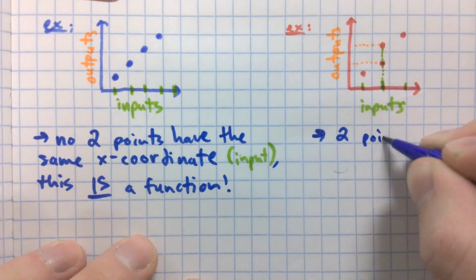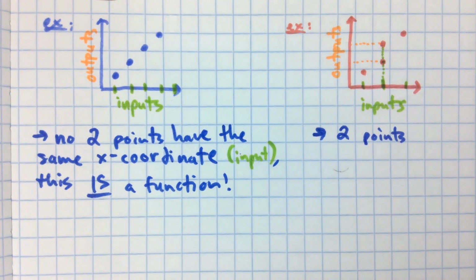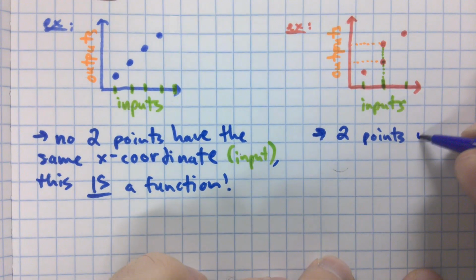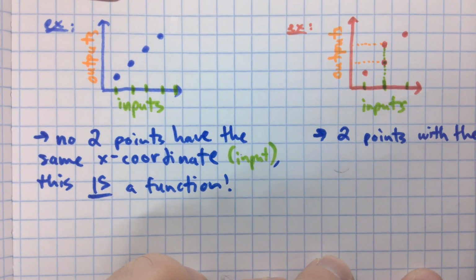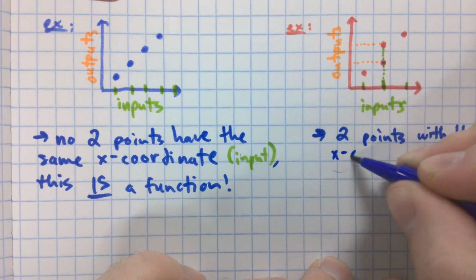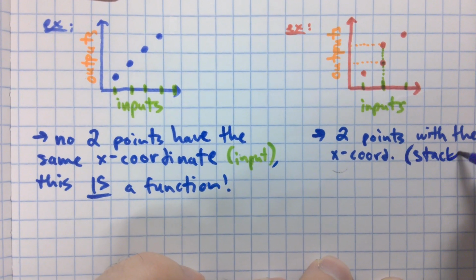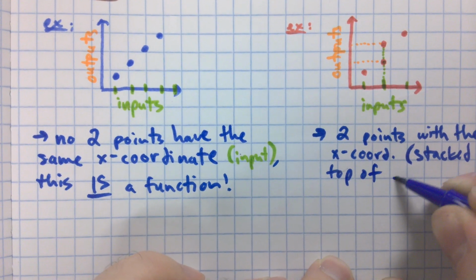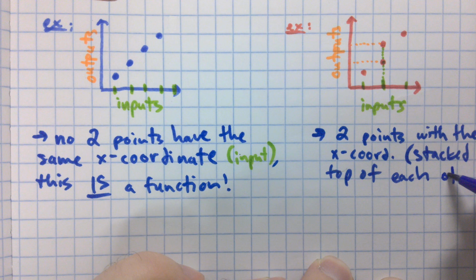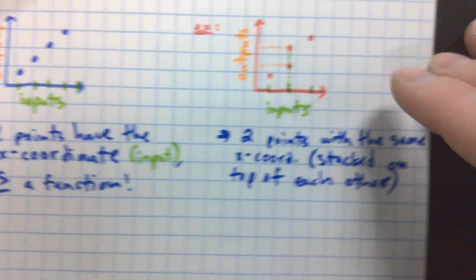2 points with the same x coordinate. To put it in a more easy to understand sense, we got 2 points. Oh, you can't even see it.